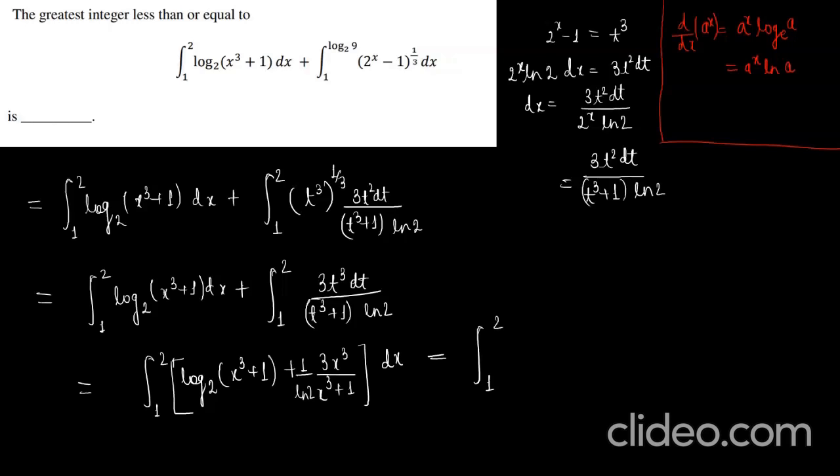Integral 1 to 2, 1 upon ln 2 is going to come outside. Okay, and this will be ln of x cube plus 1 plus 3x cube upon x cube plus 1 dx.